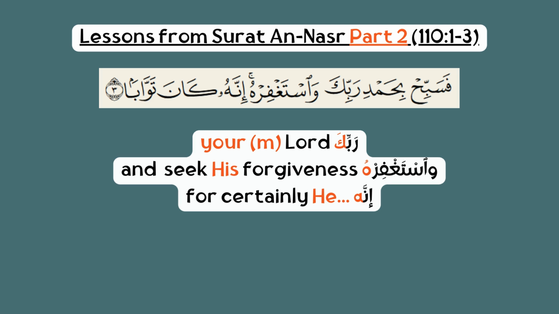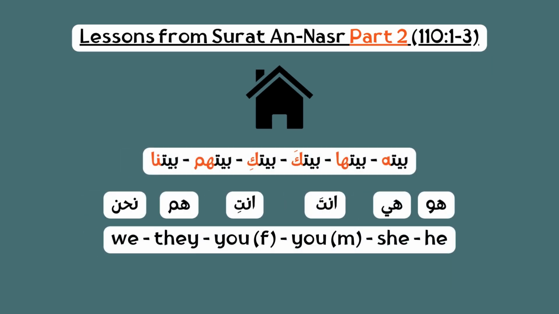The hu at the end is referring to Allah, and innahu, the same thing, certainly He. We're going to look at it on the next slide, but again, I'm just showing you the concept of suffixes denoting subjects, objects and possessives.